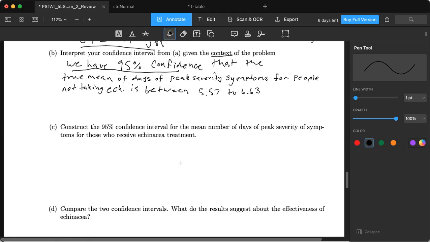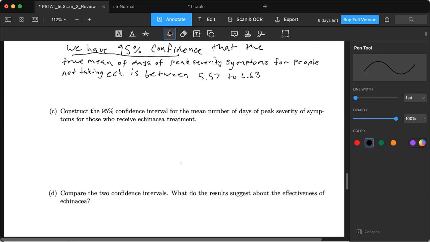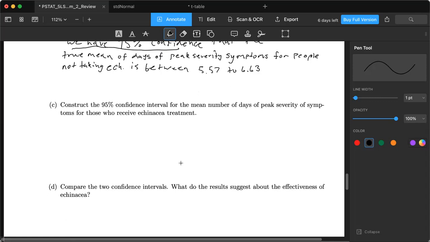Now we're going to do this again. We're going to construct a 95% confidence interval of the mean number of days of peak severity symptoms for those who receive echinacea treatment. So again, this is of the form x bar plus or minus t sub alpha over 2, n minus 1, and then times s over square root n.